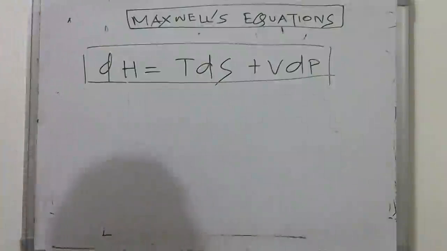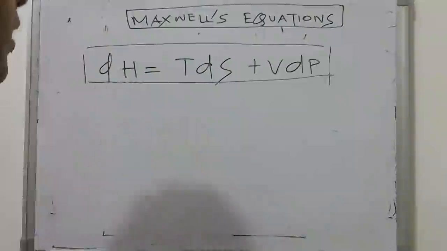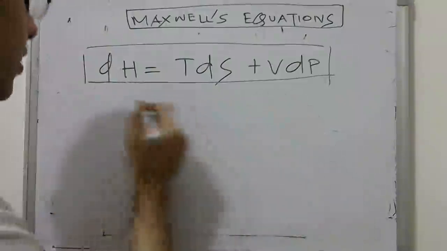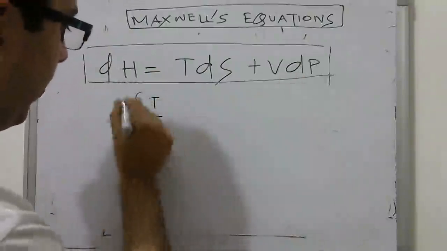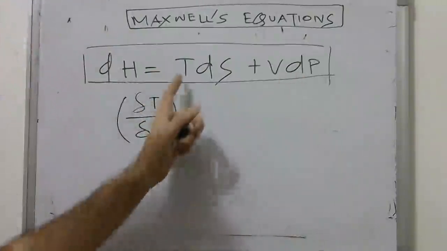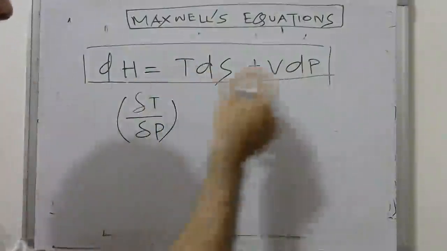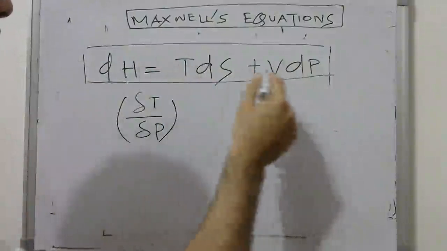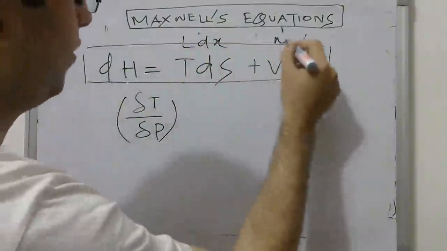Right? So let's see how to establish the Maxwell's equation in case of enthalpy. So again, it's very simple. Now del T, del P. So dL dx at constant y, L dx and M dy.